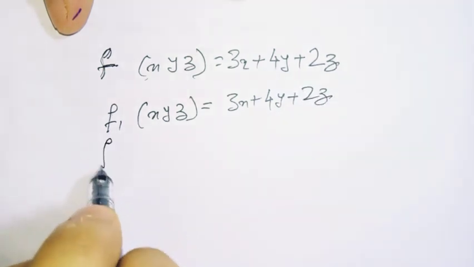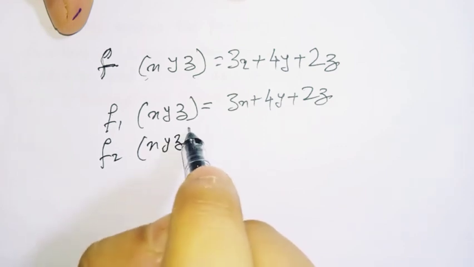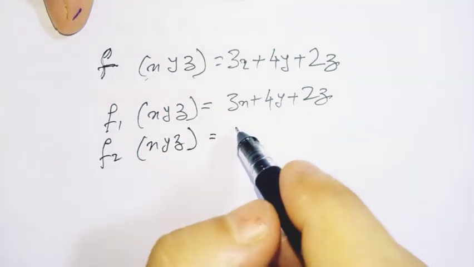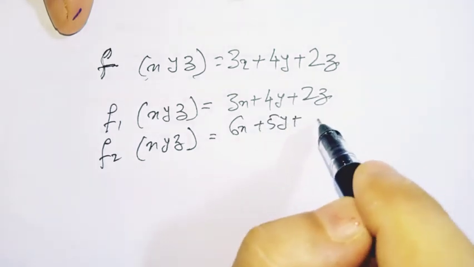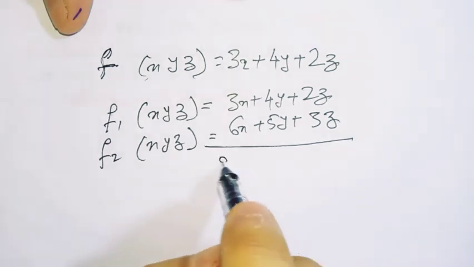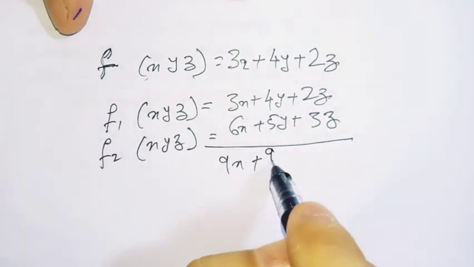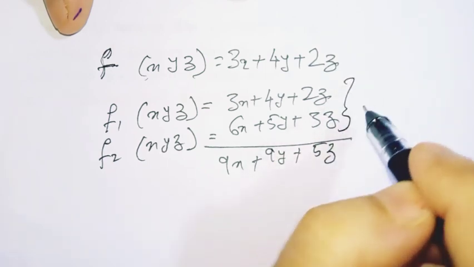And if I take another linear equation, f2(x, y, z) equals 6x plus 5y plus 3z, just taking any values. So we can add those things up, which gives 9x plus 9y plus 5z.